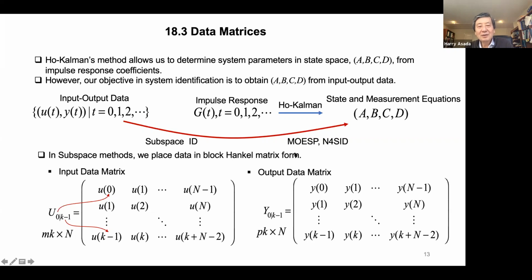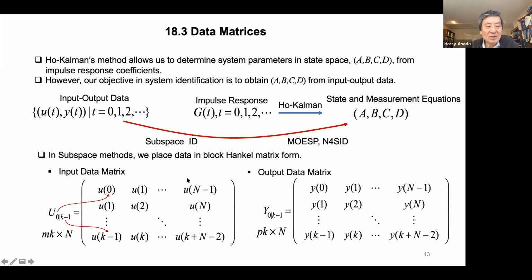So input data, again, u_0, u_1, and so on up to u_{k-1}, and then one time shift, u_1, u_2, up to u_k, and repeat this for all the data you observe, up to u_{N-1} to u_{N-2}.